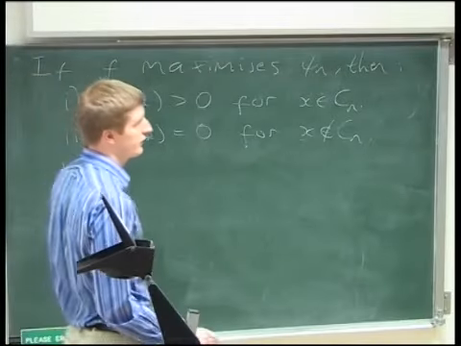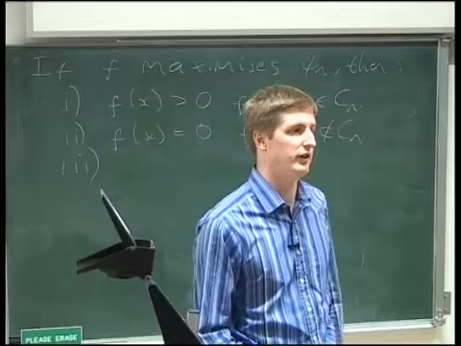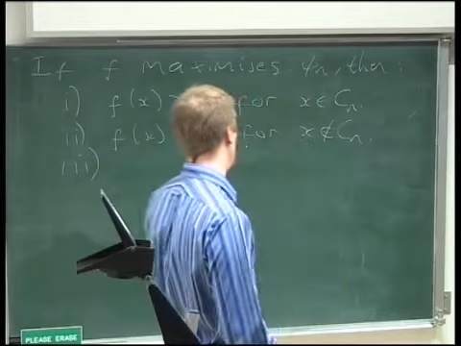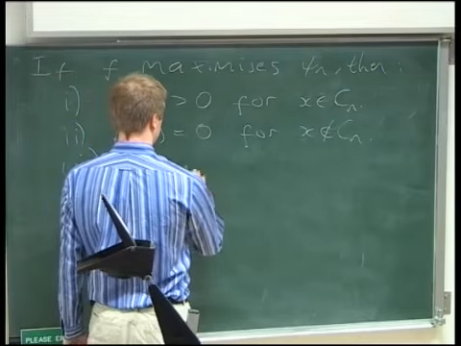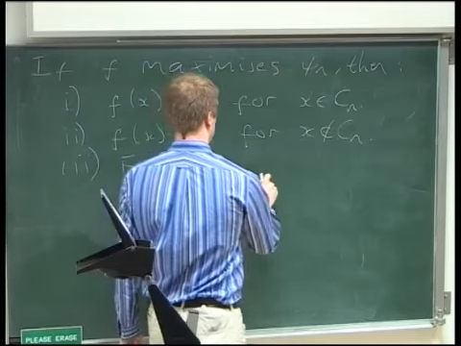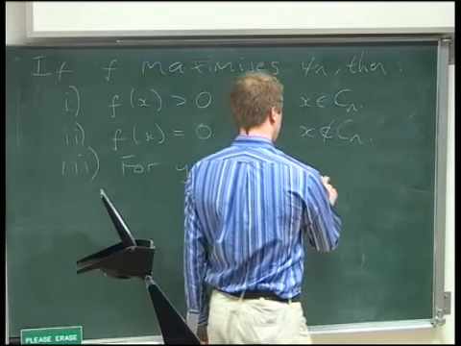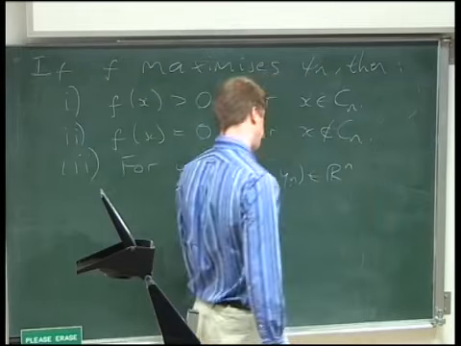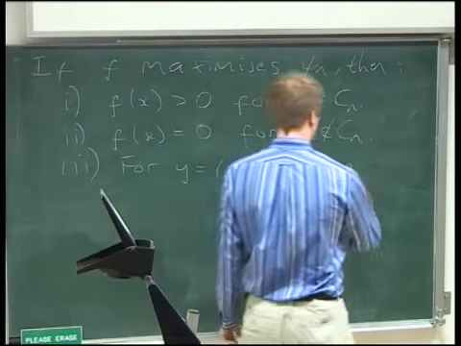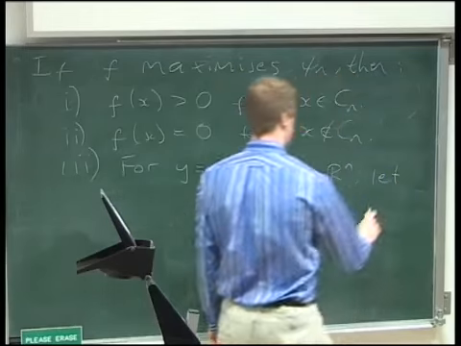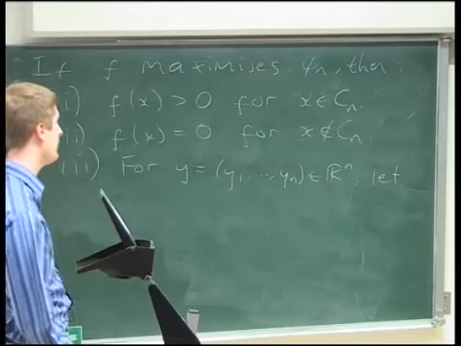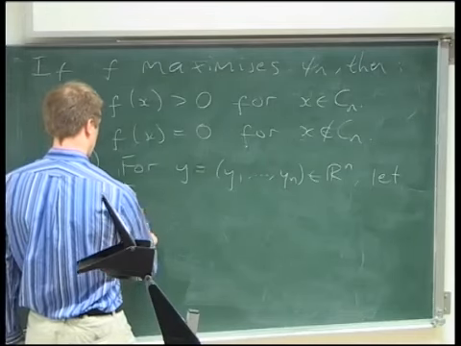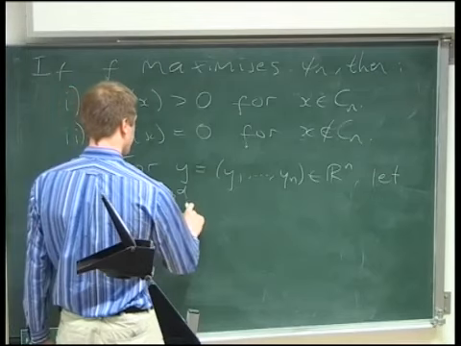The key step in the proof is to think of a finite dimensional class of functions to which this maximizer ought to belong. And to do that, I want to define what I call tent functions. So if I fix a particular vector y in R to the n, I can define a function h bar y.